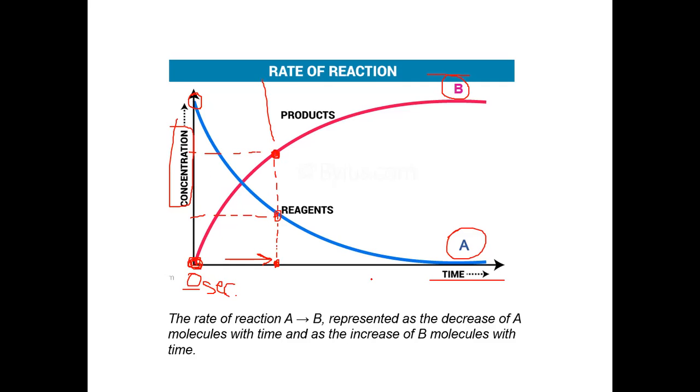So at some point we have even less A, but a lot of B. So this is B, this is A. Over time, we are producing B but decreasing A. But at some point, B goes to a plateau. See, it doesn't increase anymore, it just goes straight like this. Why? Because we do not have any more A. We just used up all the A we had. So this is why B doesn't change anymore. Do you guys follow this?